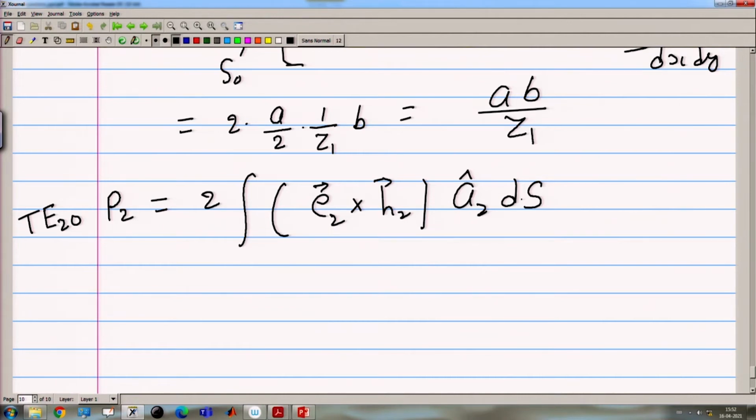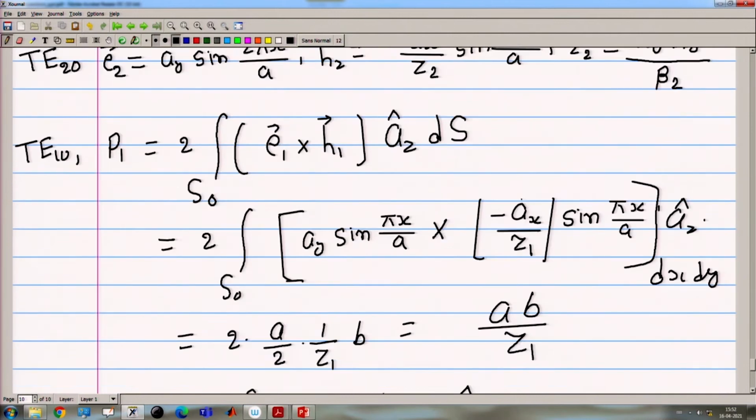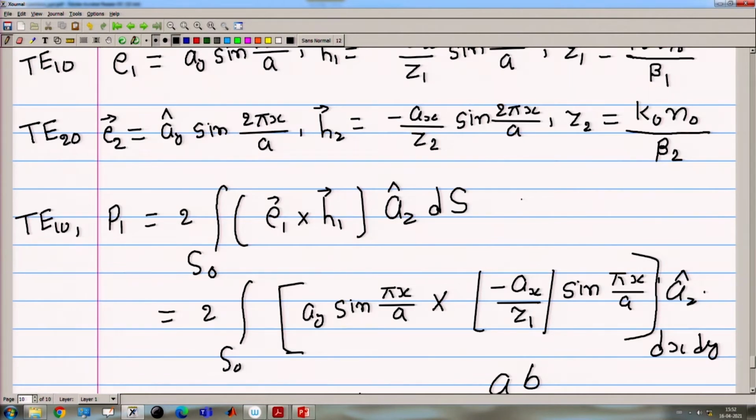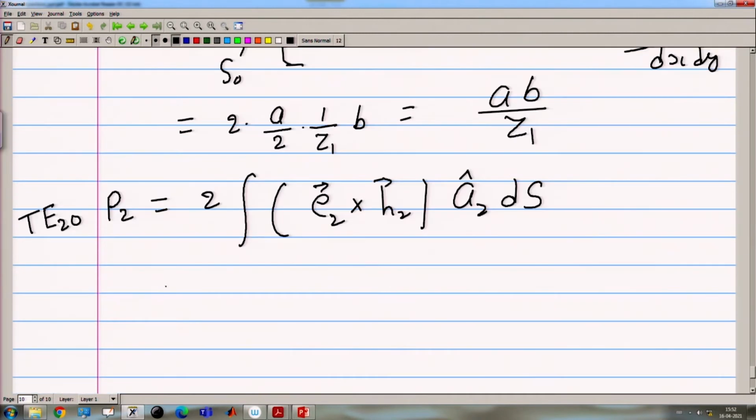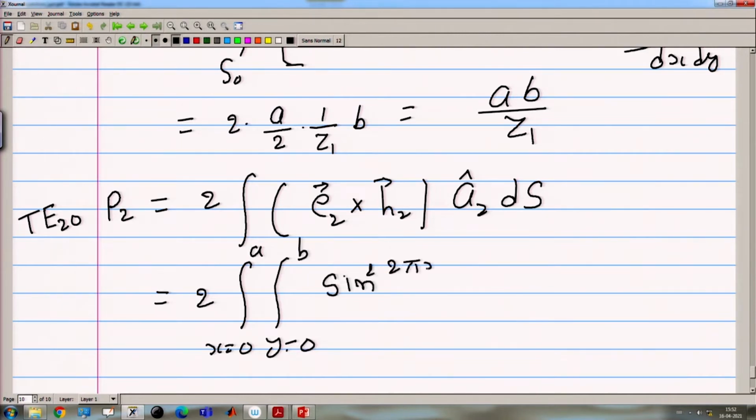So, E2 H2, then here it will be a sine square 2 pi x by a. So, again it will be sine square 2 pi x by a. So, it will be 2 integration on x is equal to 0 to a, y equal to 0 to b, and sine square 2 pi x by a into 1 by z2, into dx into dy.